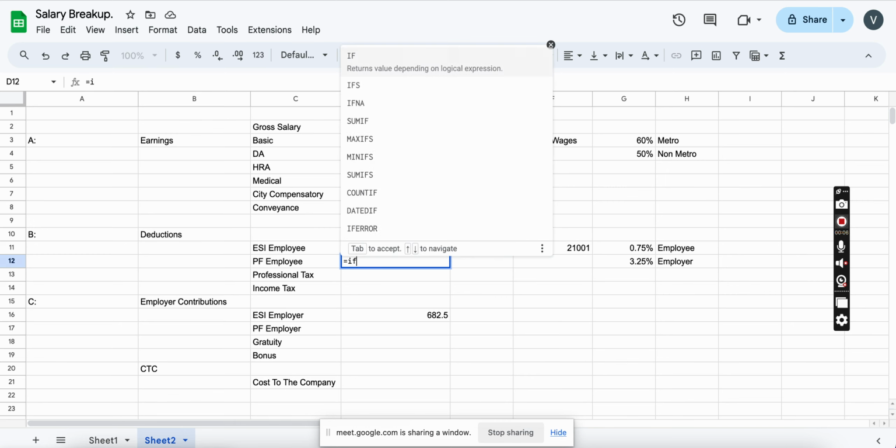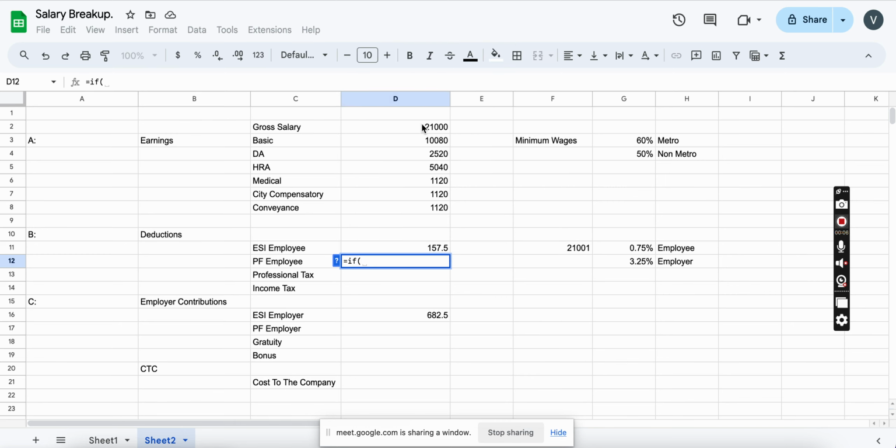See here, if gross minus HRA is less than 15,001 rupees, then it will be gross minus HRA into 12%.